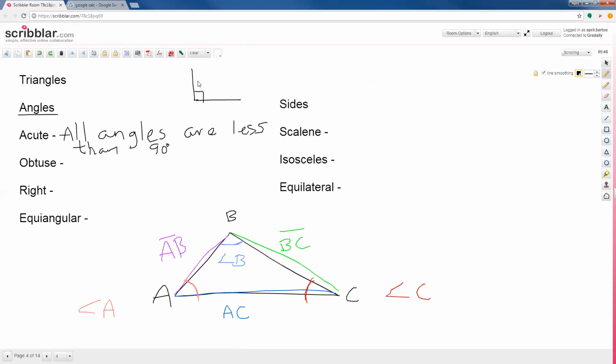So if you're less than that, that's acute. Obtuse, you have 1 angle only. You can only have 1 obtuse angle. So 1 angle is greater than 90. A right triangle is 1 angle is exactly 90.